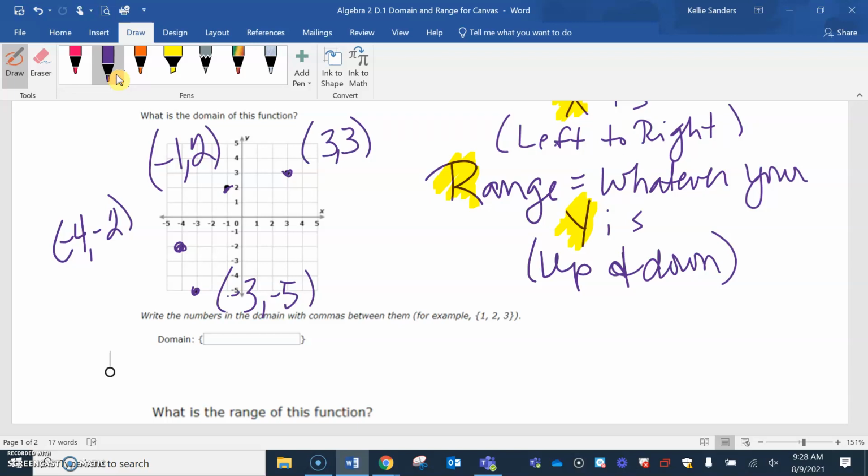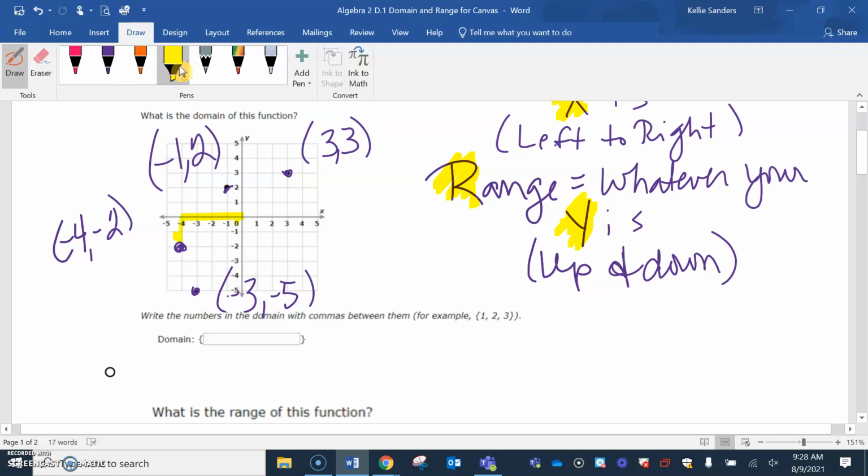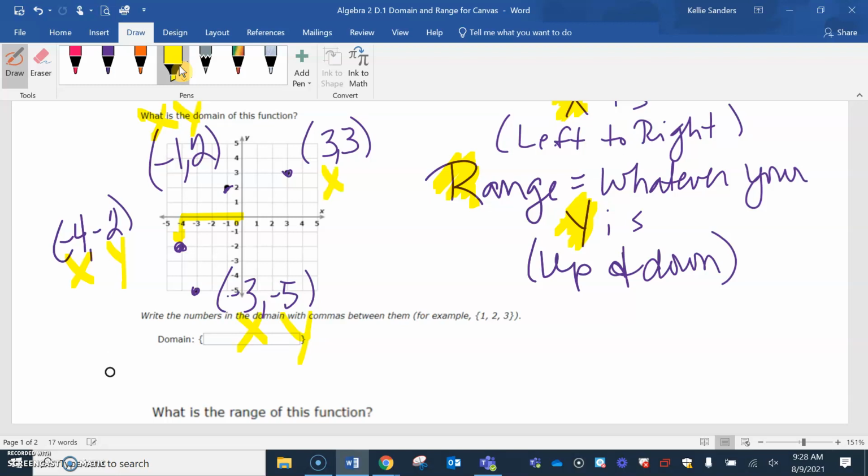Now, how did we do that? We went to the left, and then we went down. If we went to the left, that's our x. We would go down, that's our y. X, y, x, y, x, y. So if we are looking for domain, we are looking for the x's, and our x's are these numbers.